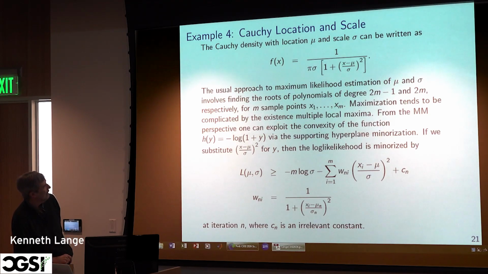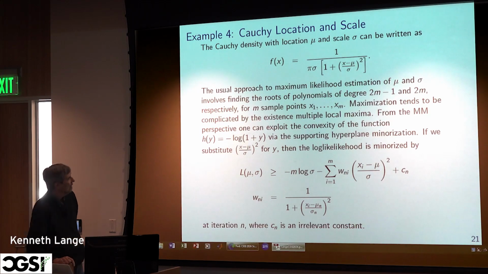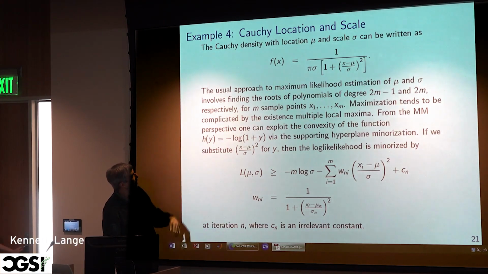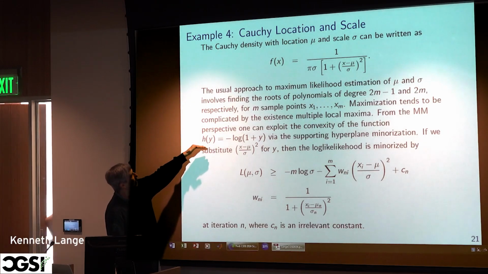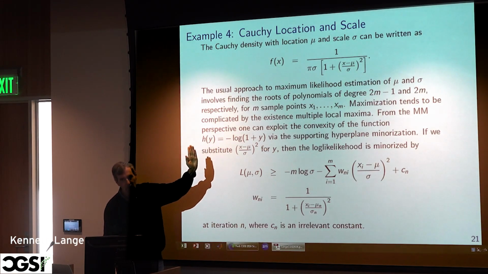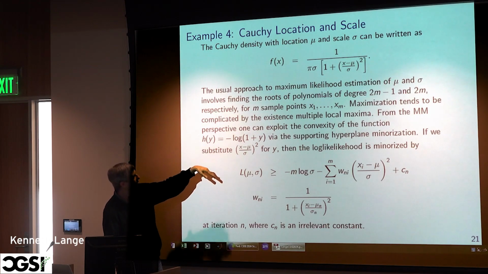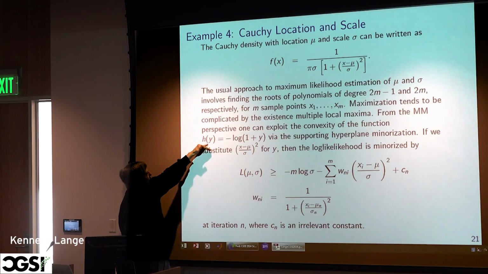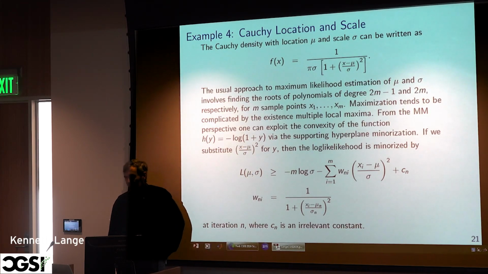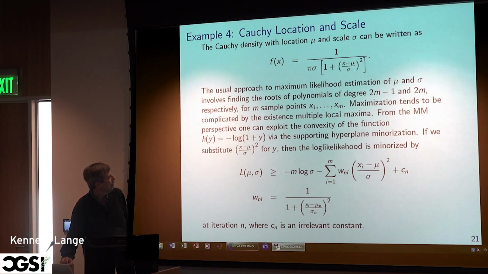But you can, so when you take logarithms of f of x, think of replacing the standardized residual, x minus mu over sigma, squared by y. You're going to get functions that look like that. Minus log of 1 plus y. Now that's a convex function.